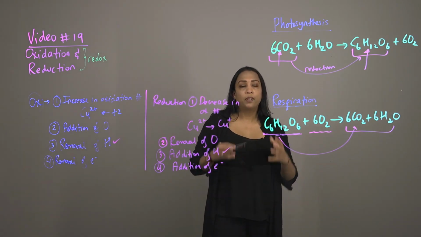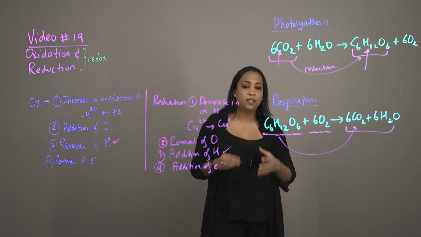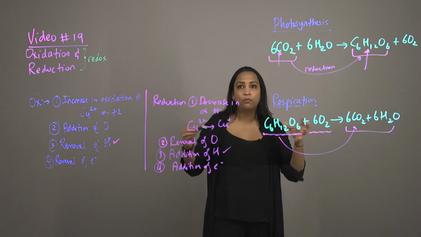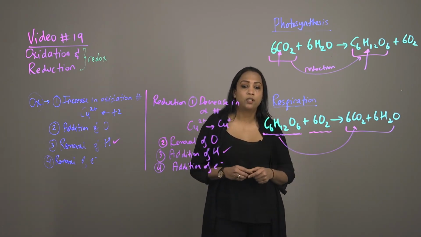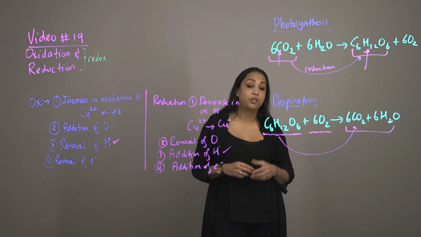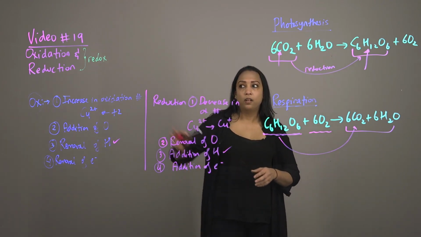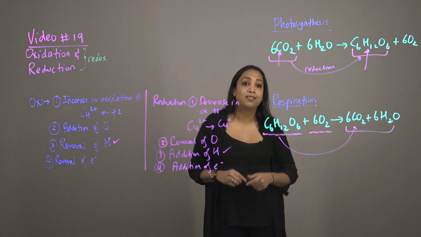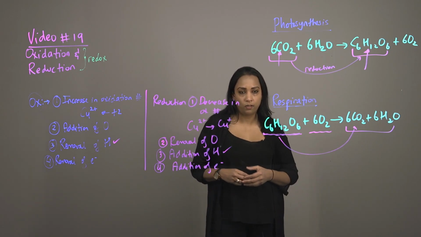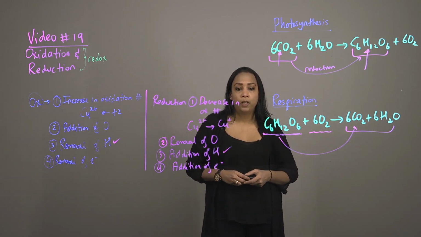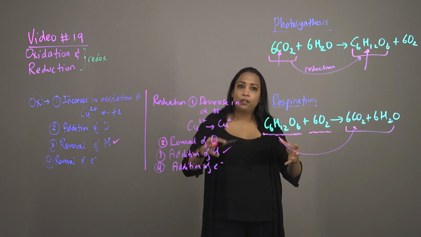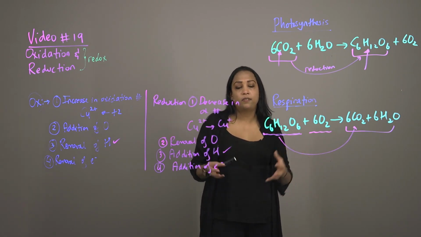Now, it's really important for us to take into consideration the integral role that oxidation and reduction plays in the metabolic reactions which support life. Now, it was mentioned before that oxidation and reduction are simultaneous processes, so that they occur at the same time. So oxidation cannot occur without reduction and vice versa.